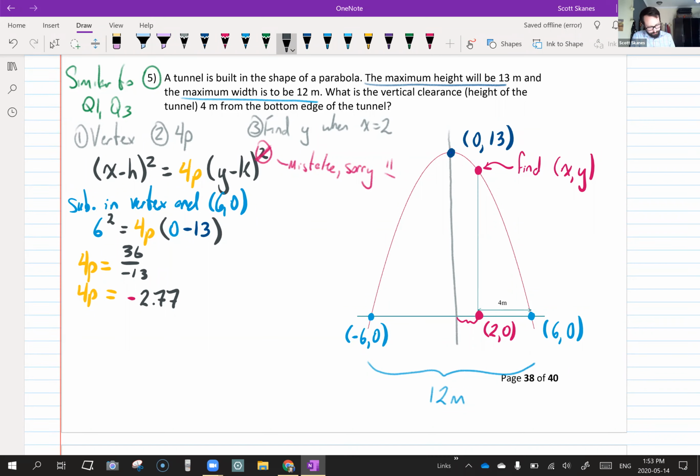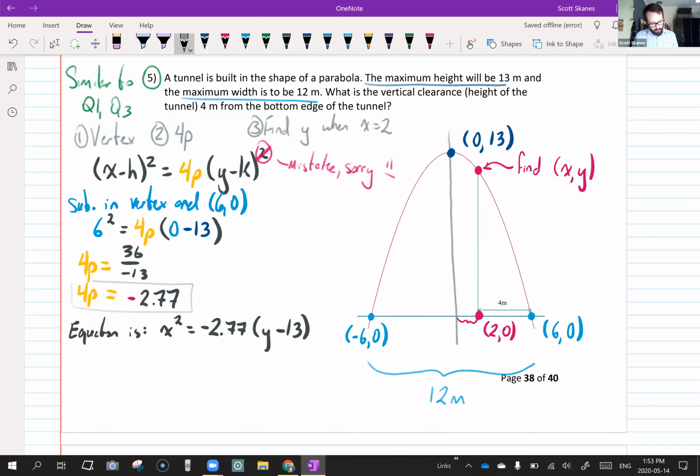So be careful with that. So that's our second step. We should rewrite the equation. So the equation is x squared equals negative 2.77 times y minus 13. That's our equation. Now we're not done.